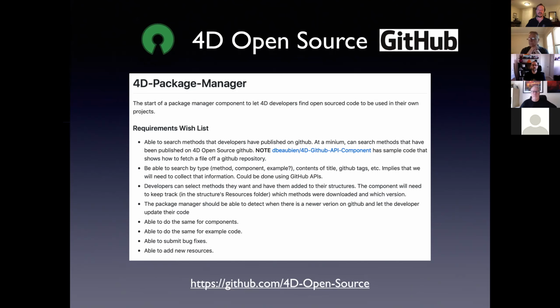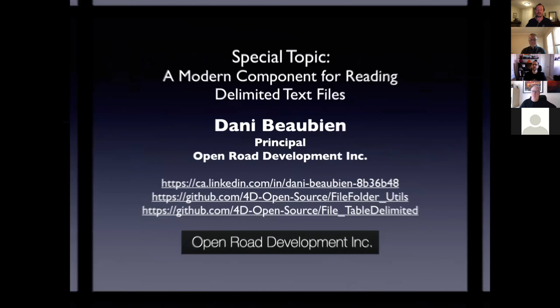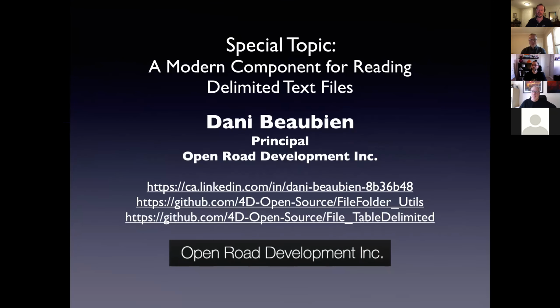So it's exciting to see these efforts beginning to take shape out there on GitHub. Sorry, I didn't mean to steal Dani's thunder too much, but a couple of the early libraries are what Dani's going to show us today.